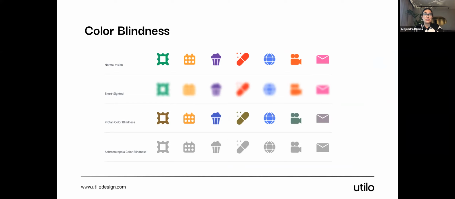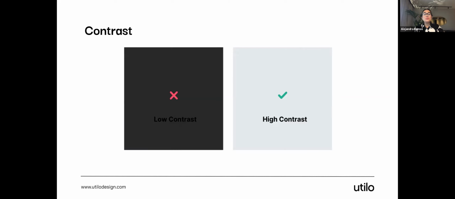So for example, if you're short-sighted, how would you see it? If you have protanopia color blindness, or a very severe achromatopsia color blindness. Sorry, these are complicated names. So we have to be very careful about our contrast.